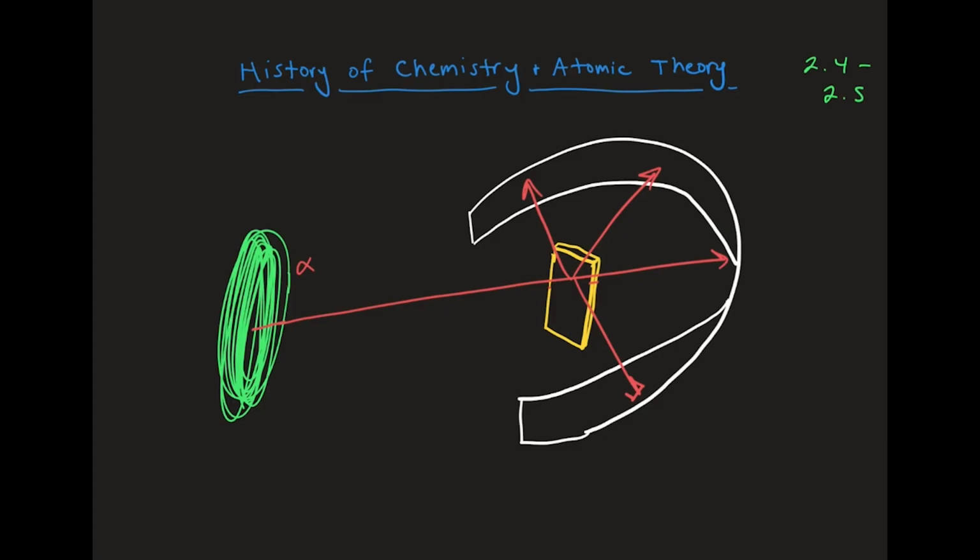He concluded that these deflections could be caused only by a concentrated center of positive charge that contains most of the mass of the atom. Therefore, in Rutherford's mind, the atom was a high mass positive charge in the center, with the electrons circling about. And this is how the modern concept of the atom's components was born.